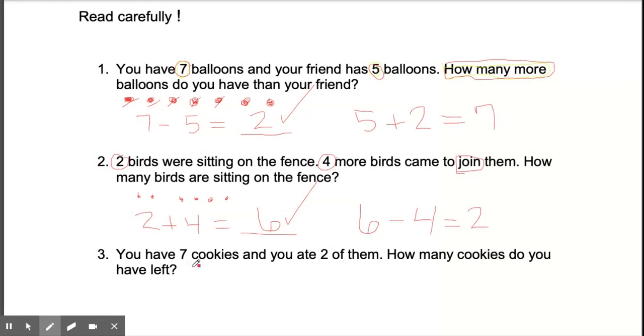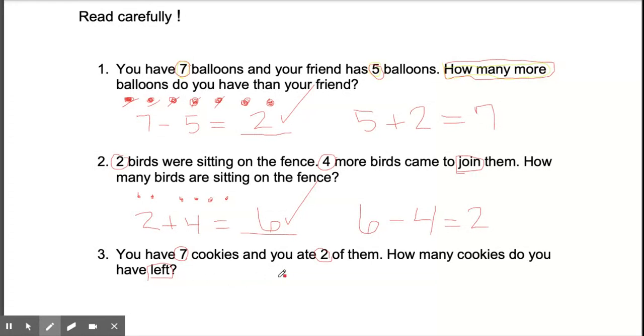You have 7 cookies and you ate 2 of them. How many cookies do you have left? So first thing we're going to do is circle or highlight our numbers. And we're going to find the key words in here. Left is our key word.